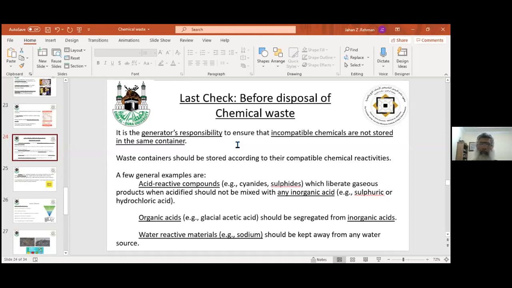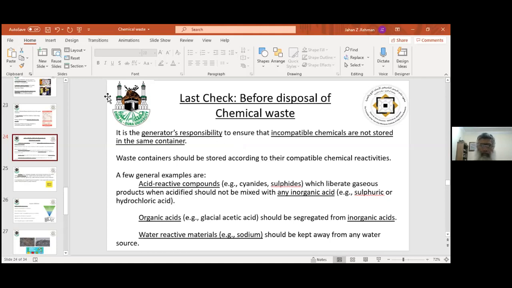Okay, before giving it to the company, this is the responsibility of the lab person, or the generator, meaning the person or group who generates the chemical waste. It is the responsibility of this group that incompatible chemicals are not stored in the same container.